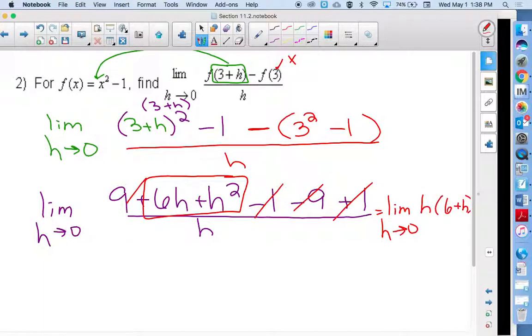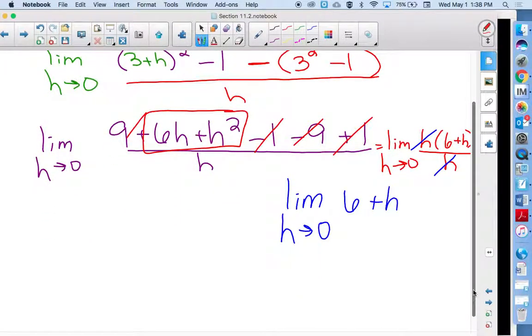So factoring it out enables us then to cancel it out. So if you have something left that doesn't have an h in it and it's a number by itself, it means somewhere you probably missed a minus sign or a plus sign, because we need those pieces to cancel so we can factor out the h. So my resulting expression is 6 plus h.